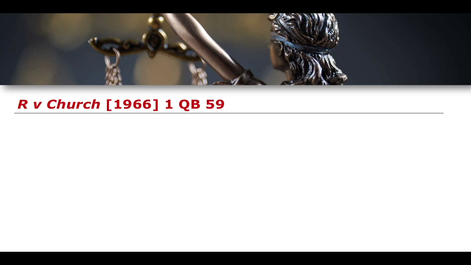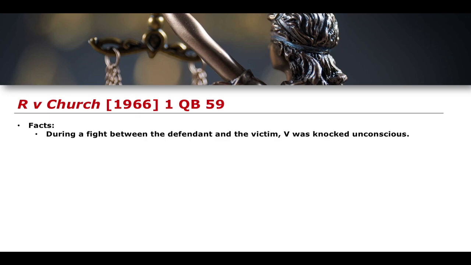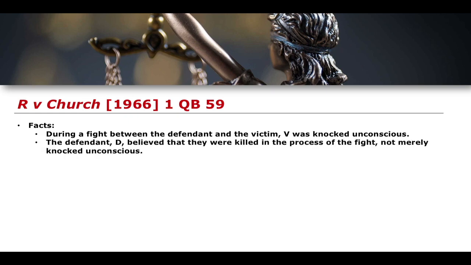In the case of Crown versus Church from 1966, we see a fight that takes place between the defendant and a victim. During this fight, the victim would get knocked unconscious. The defendant, D, believed that they were killed in the process of the fight and not merely knocked unconscious. So they had a fight, the victim was punched or fell to the floor and banged their head, and they were knocked unconscious.